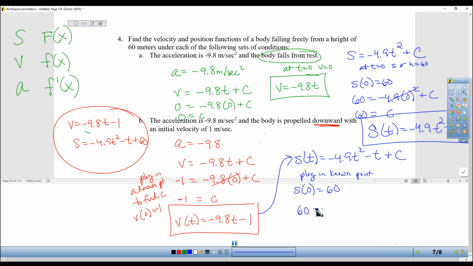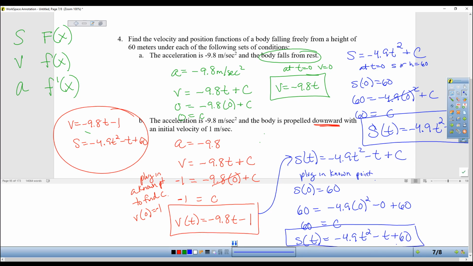So 60 is equal to negative 4.9 times 0 squared minus 0 plus c. C is equal to 60. So my S equation is negative 4.9 t squared minus t plus 60. So we're getting our first little taste of anti-differentiation, which is going to be called integration.